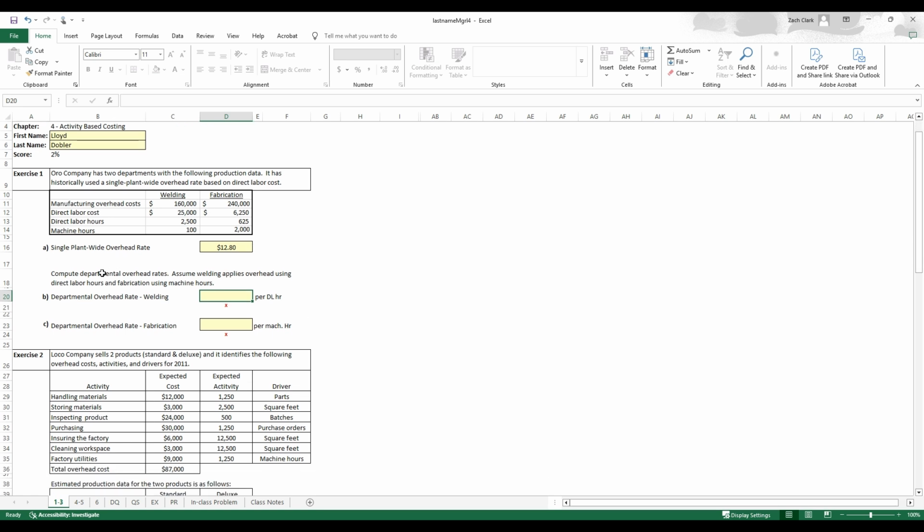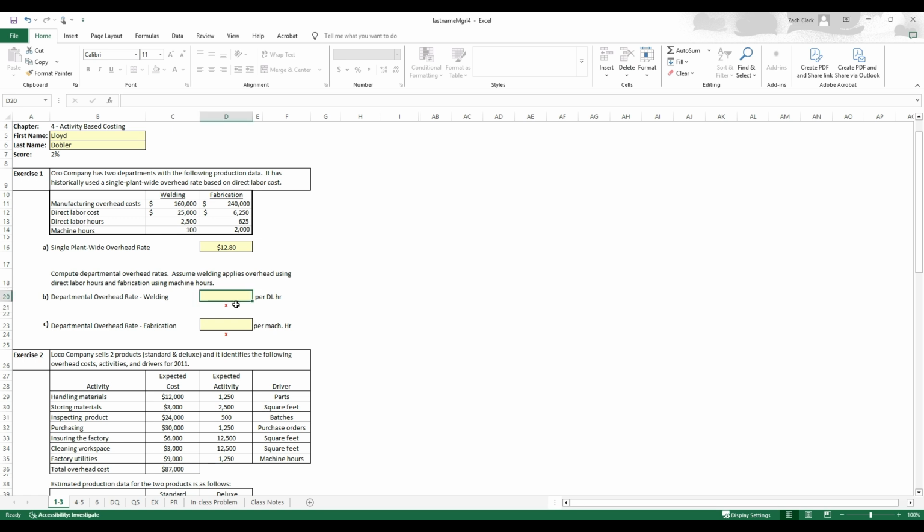So now if we wanted to break that apart a bit and give each department its own overhead rate, so one method of application as opposed to just doing one singular rate, let's see if we could apply this overhead using different drivers: direct labor hours for welding and machine hours for fabrication.